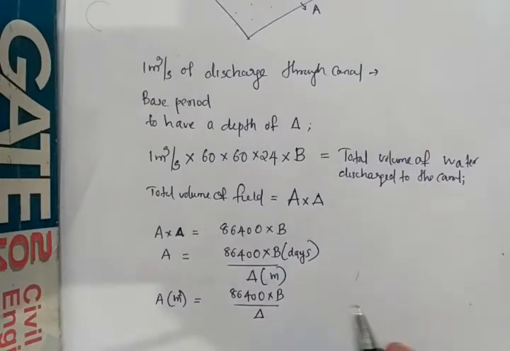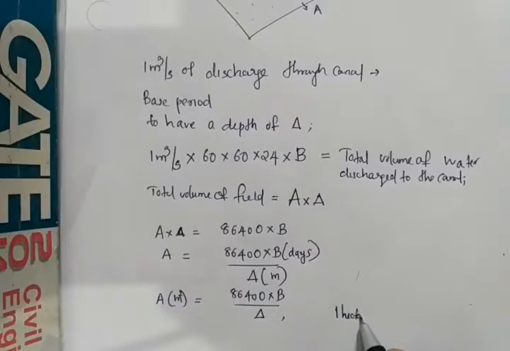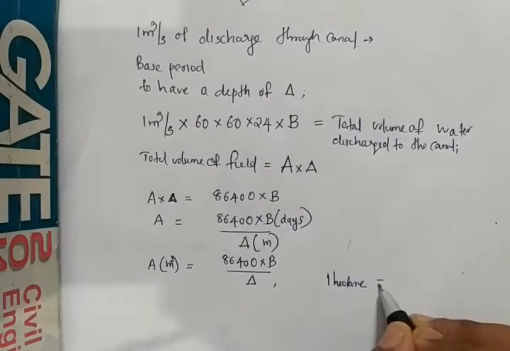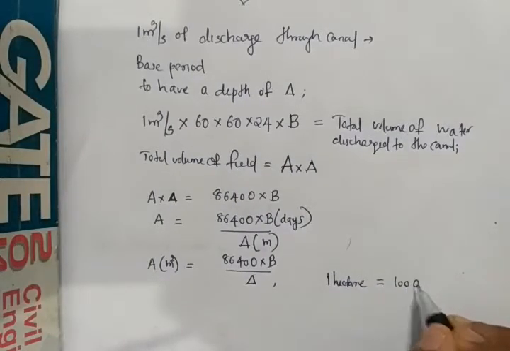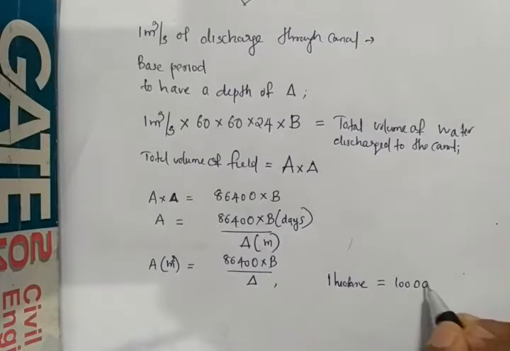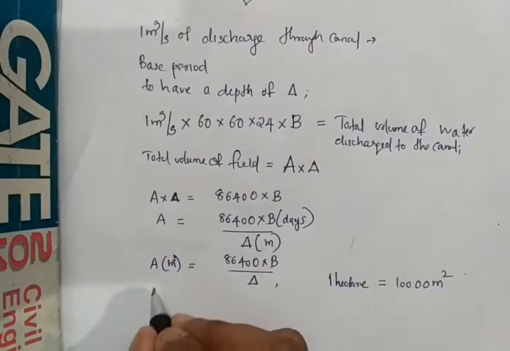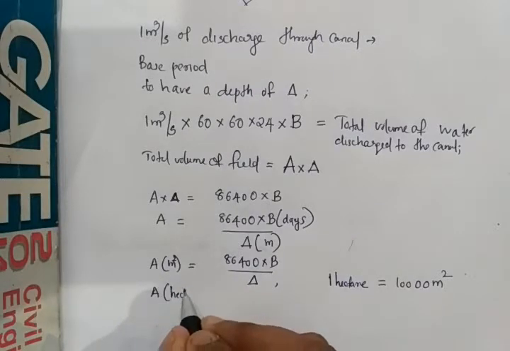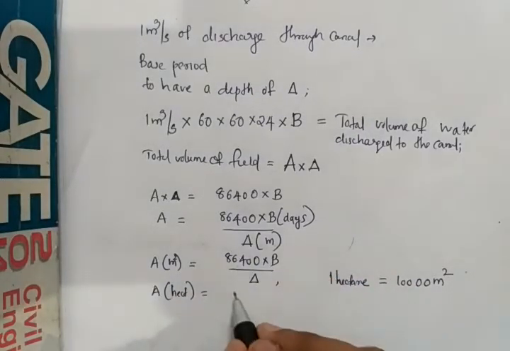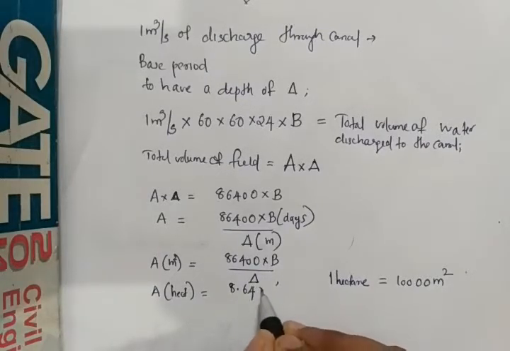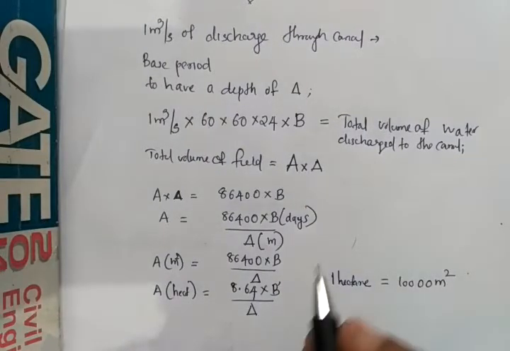So we know that 1 hectare is equal to 10,000 meter square. So area in hectare is equal to 8.64 into B divided by delta.